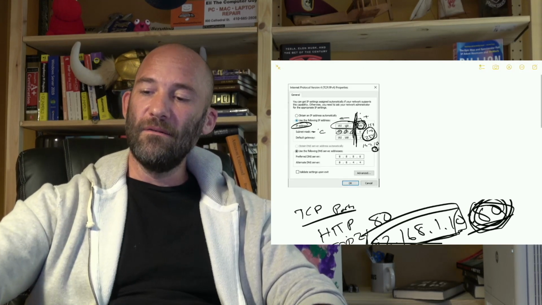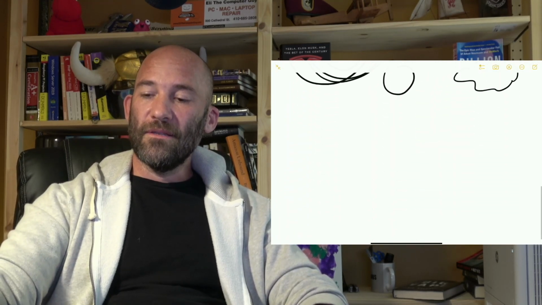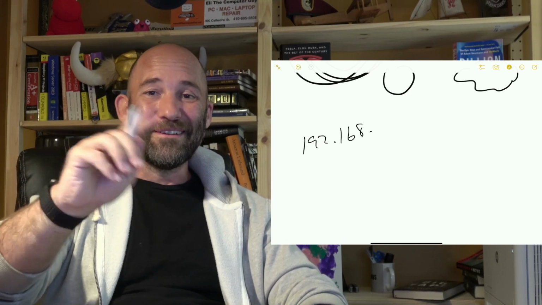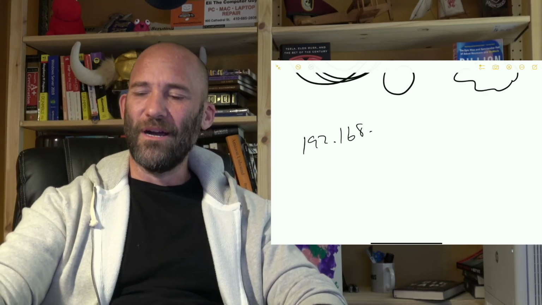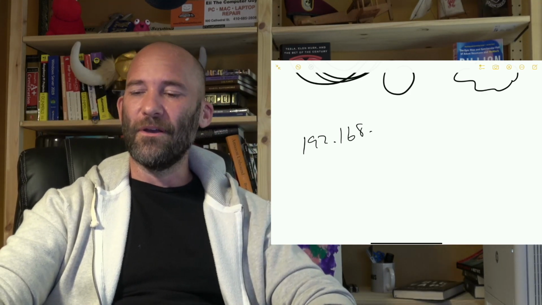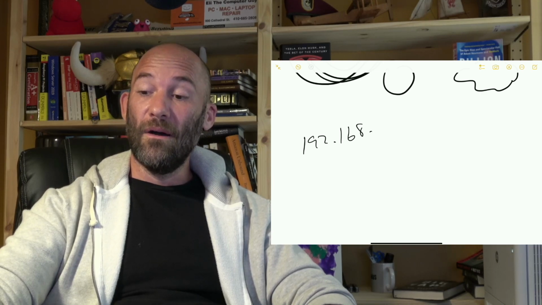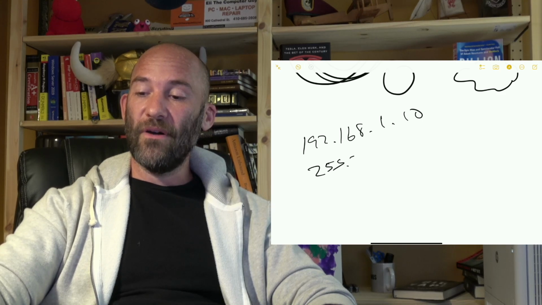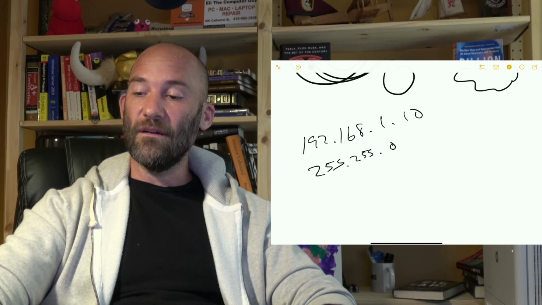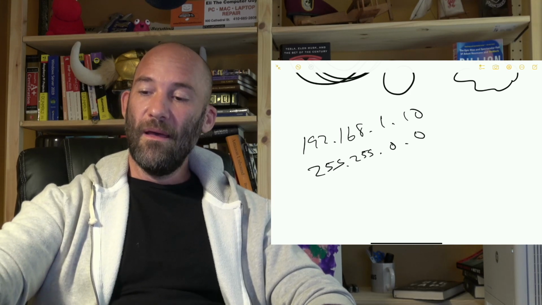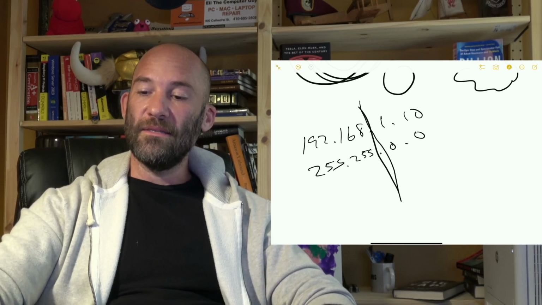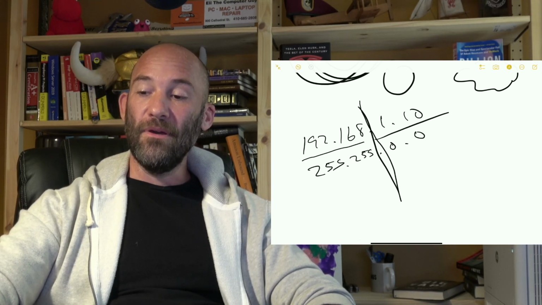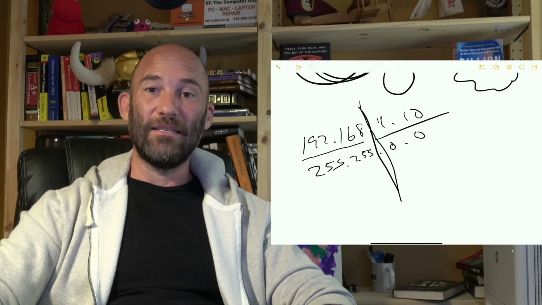So if we sketch something out, let's say theoretically 192.168. This would not work. Let me be clear here. What I'm about to show you shouldn't route properly, but it's just a simple thing to show you. So let's see, 192.168.1.10, right? If I had a 255.255.0.0 subnet, basically what that would mean is this would be the 192.168 network, and then the computer would be identified as 1.10.